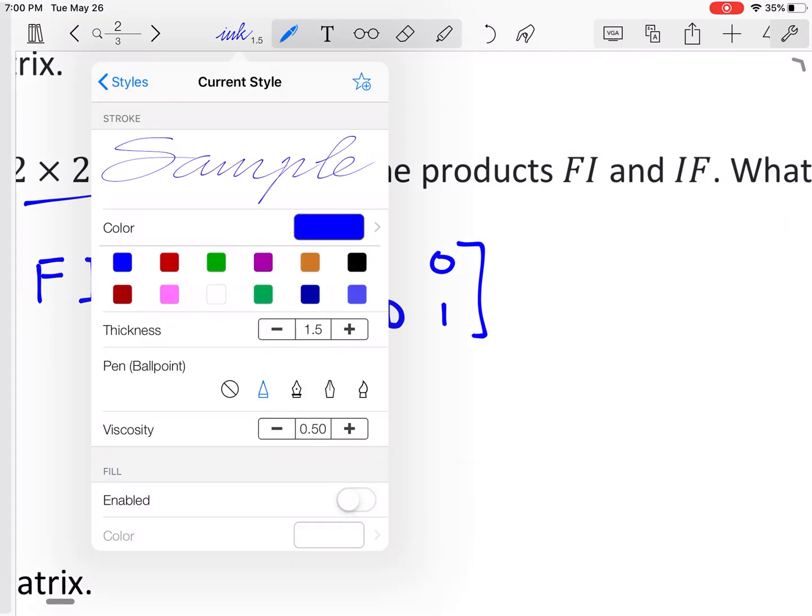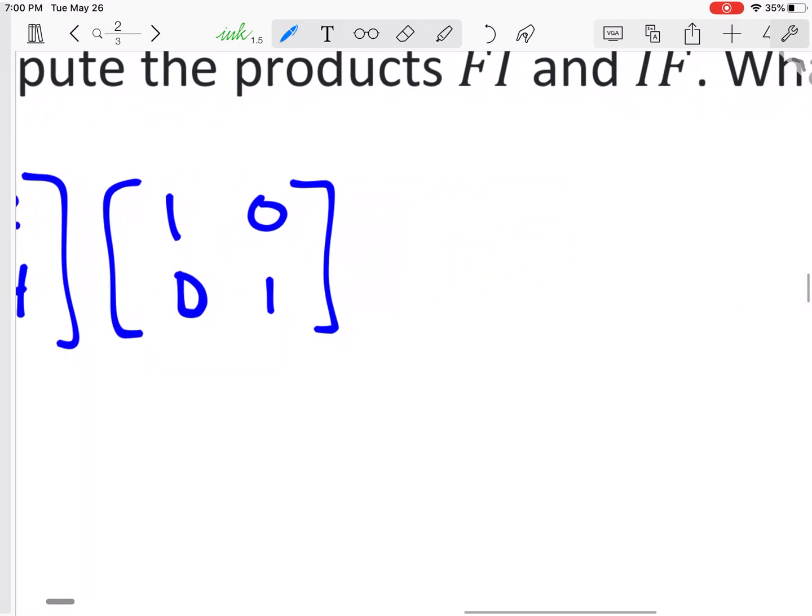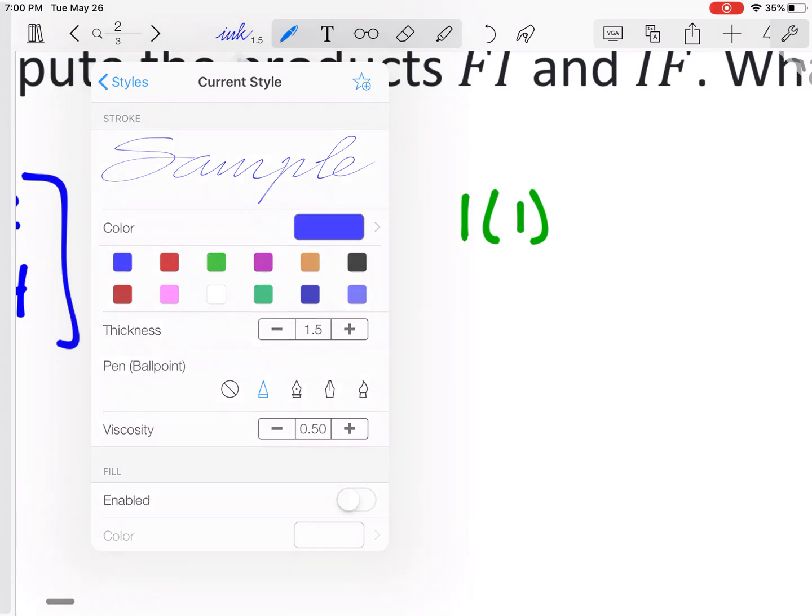Well, we've learned matrix multiplication now. We'll take terms along the first row, 1 and negative 2, and multiply it by each of these and take the sum of those. It'll be 1 times 1. This will be our new matrix.